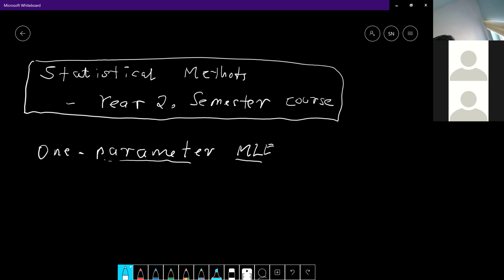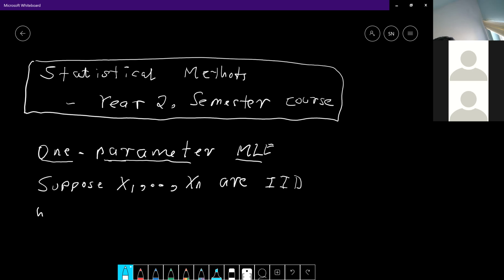So suppose you have a random sample from a population with the PDF given by this, where theta is a parameter.